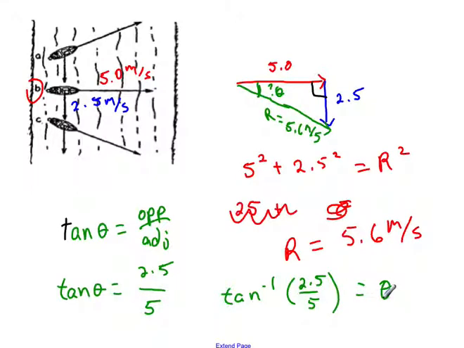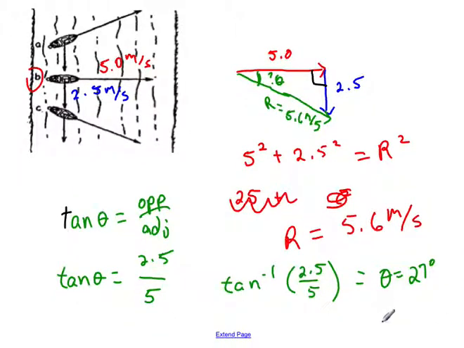Sorry, I had to flip that over. And I'll plug that in. That's much better. We're getting an angle of 27 degrees. If we round to the ones place, in your calculator you might get 26.5, something. So that is the angle.